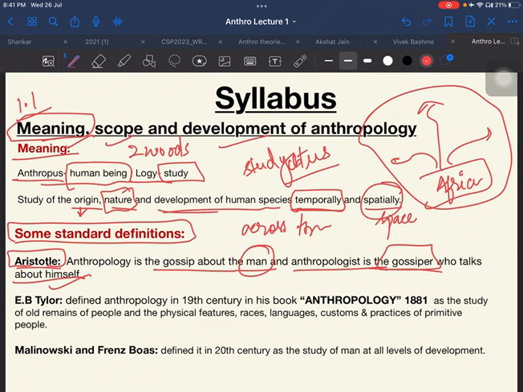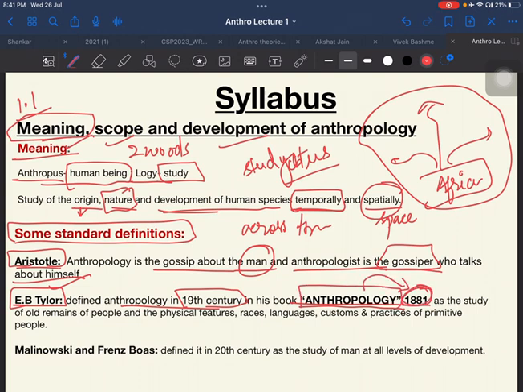Now, moving on to the next definition, it is given by E.B. Tylor. He defined anthropology in the 19th century in his book Anthropology, which came in 1881. Always remember, whenever we give a definition by some scholar, we also tell in which publication it was given and in which year that book was published.